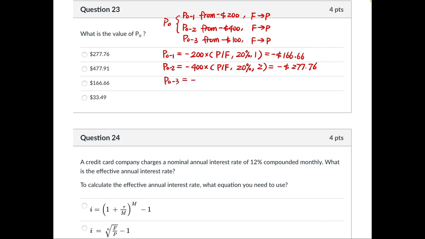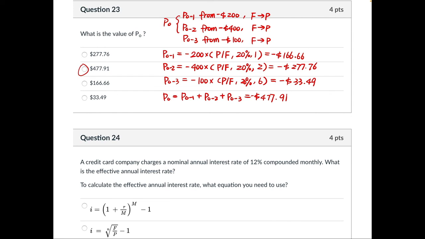P03 is from the 100 at the end of the 6th year, P/F 20%, and N is 6. So this is 33.49. So P0 is the sum of these 3 parts. The total is 477.91, okay? So it's going to be this one.